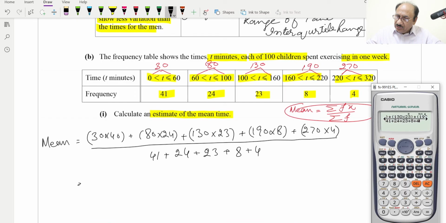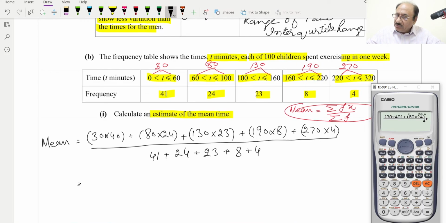4, 8, 23, 24, 41, and the numerator will be 24 and 270, and 8 into 190 plus 23 into 130 plus 24 into 80 and 40 into 30.